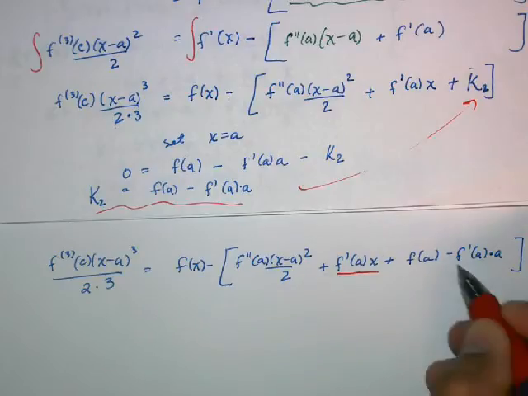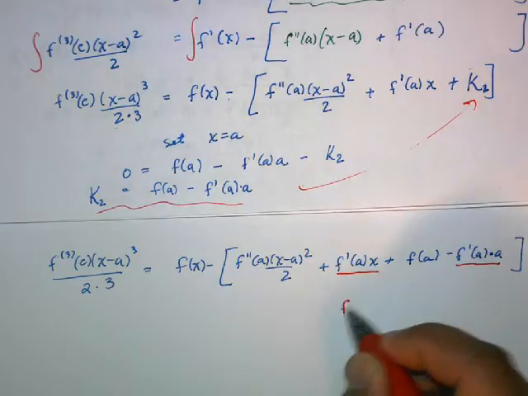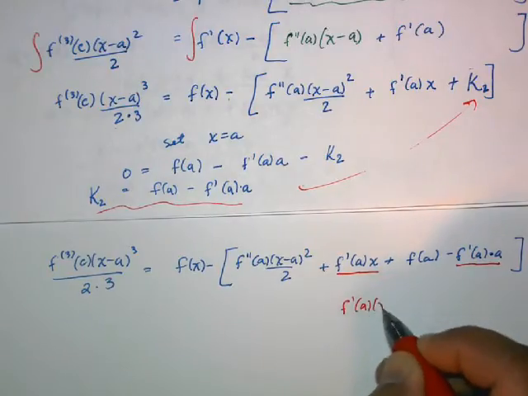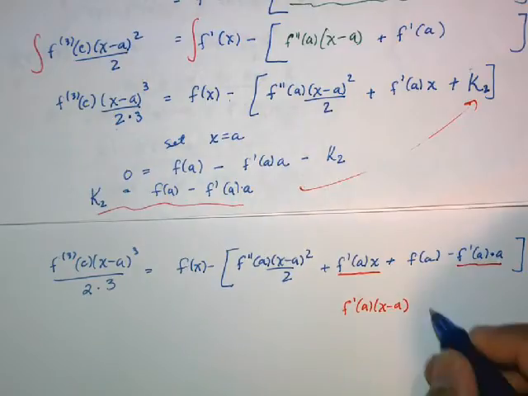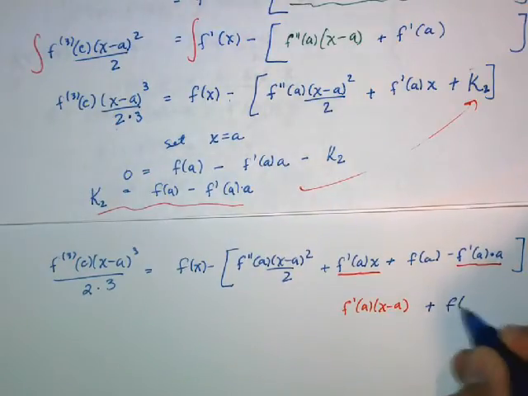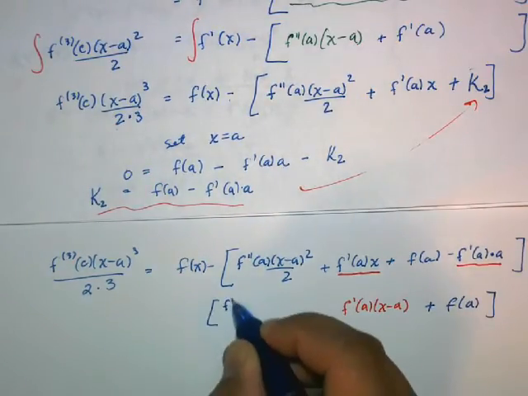Now I can factor out these. If you look at these two here, they have a f prime of a in common. So this will become f prime of a times x minus a. I still get this f of a right there.